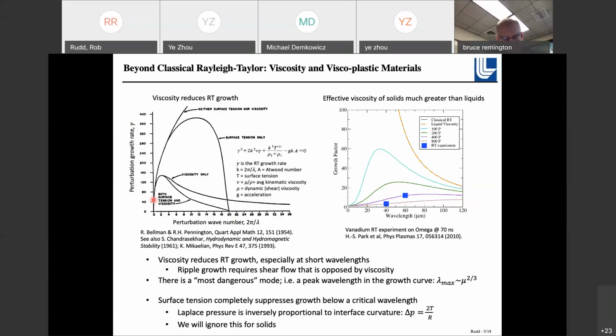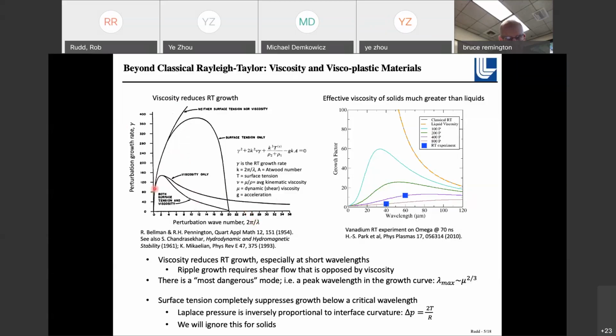But then classically, what would lead to very high growth as the wave number increases, the curve turns over due to viscosity, and the viscosity suppresses but doesn't completely eliminate growth at the short wavelengths. If you consider surface tension, it actually does cut off the growth, and at sufficiently small wavelengths, the system is stable against the Rayleigh-Taylor growth.